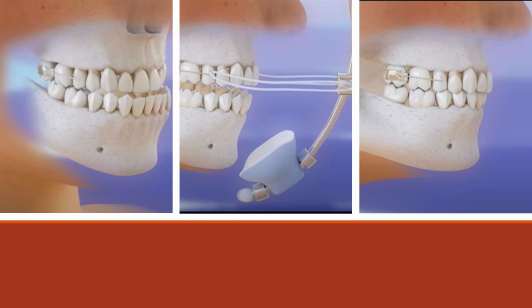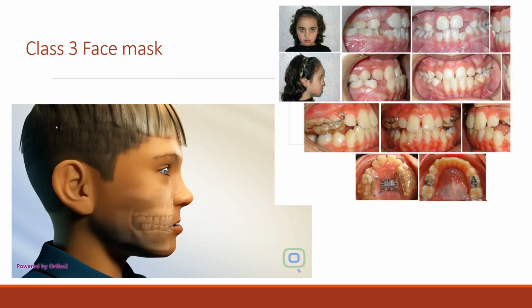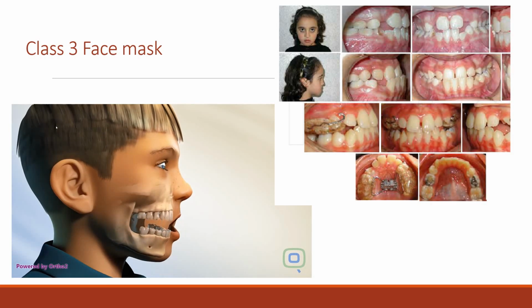At the level of the commissural line, a hoop is welded to attach the elastic bands. Traction must always be oblique, downwards and forwards. The maxillary shift must always be overcorrected by a few millimeters.